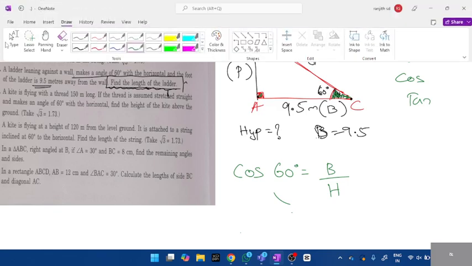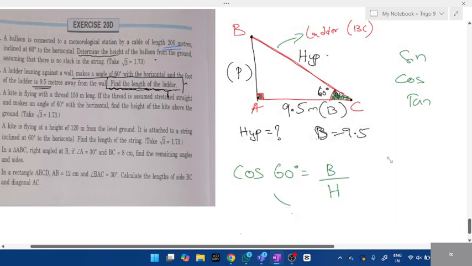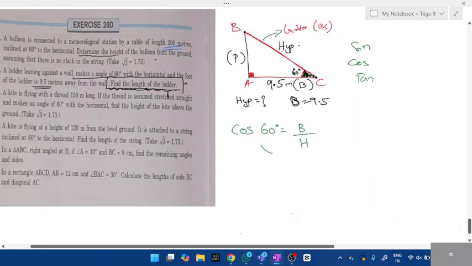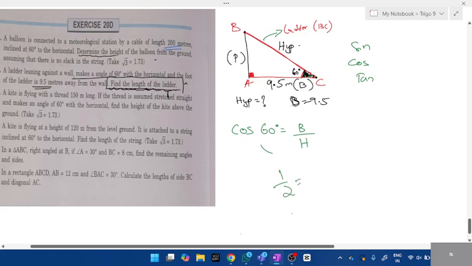You didn't do it. 1 by 2. What are the base and hypotenuse values given? Base 9.5, hypotenuse we have to find. Could you calculate the value of the hypotenuse?